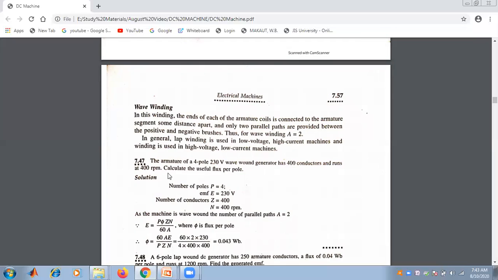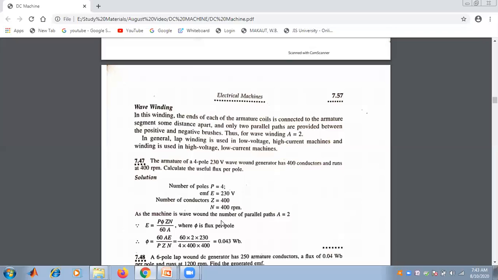It is given in RPM. Calculate the useful flux per pole. So P is given as 4, E is given as 30, the number of conductors Z is 400, and n equal to 400.